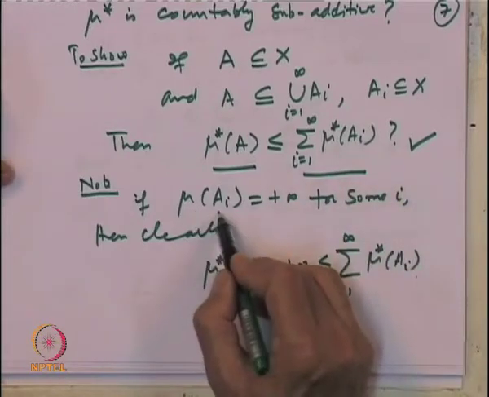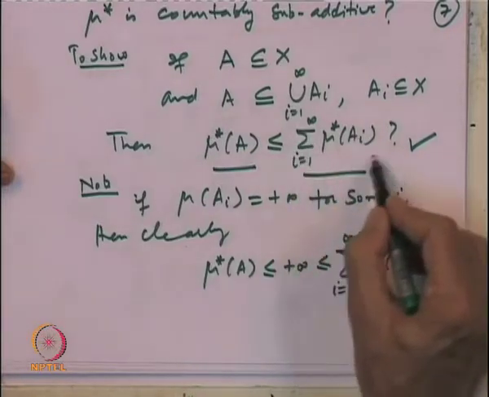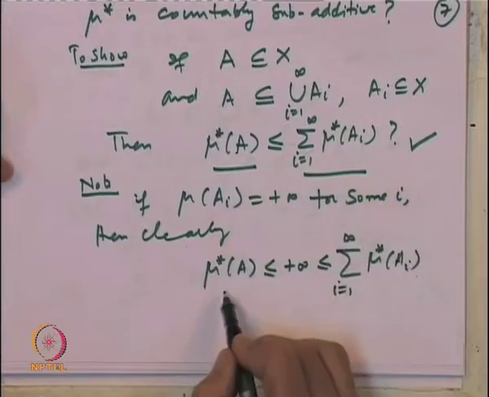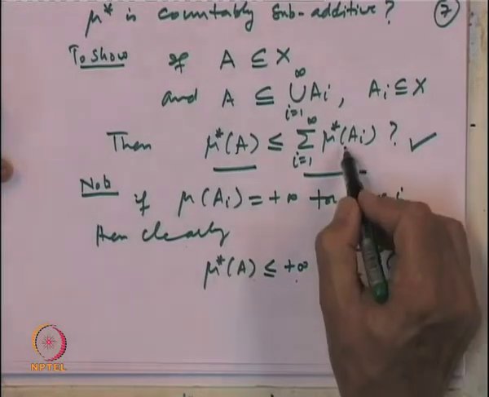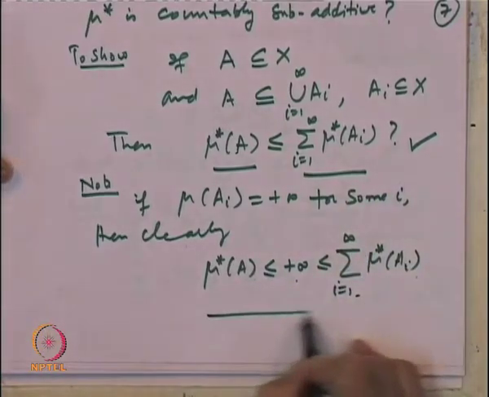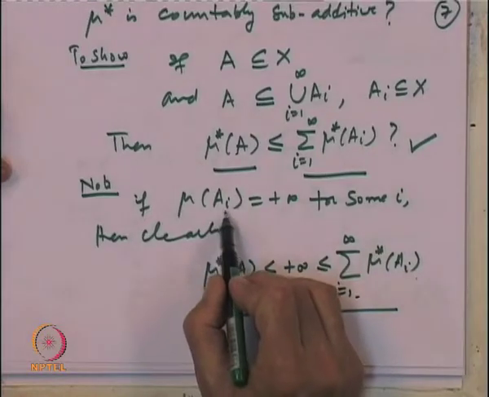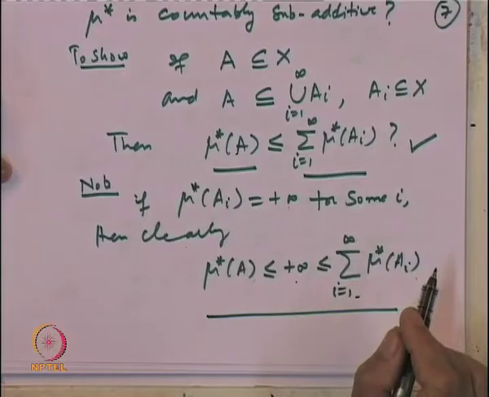So, if mu star of A_i is equal to plus infinity for some i, then clearly this side is equal to plus infinity, and mu star of A is always less than or equal to plus infinity. So, that means the property is true. So, the obvious case is when mu star of A_i is infinite for some i.